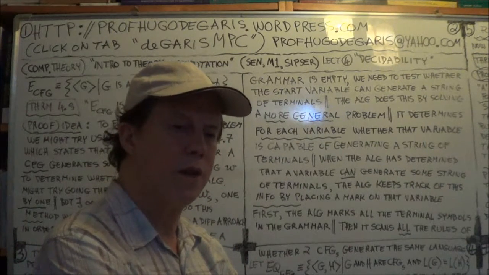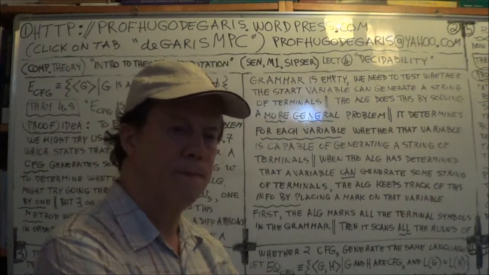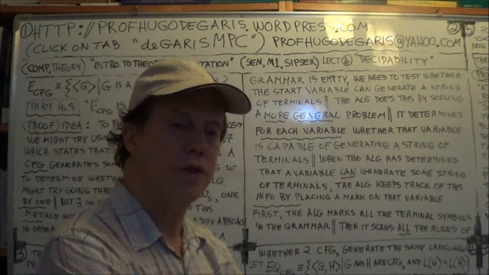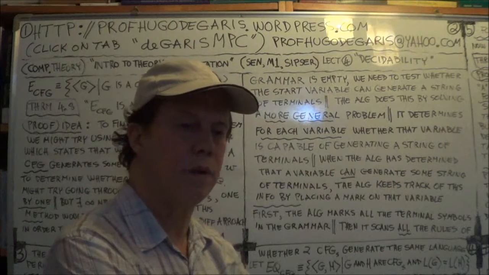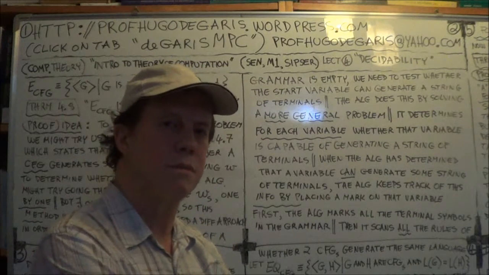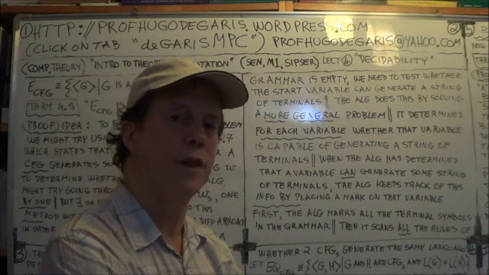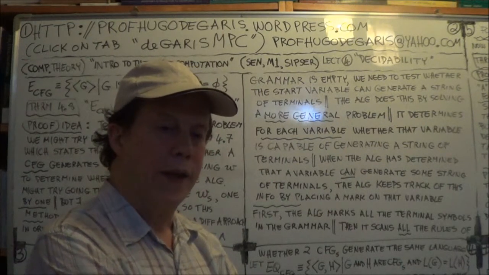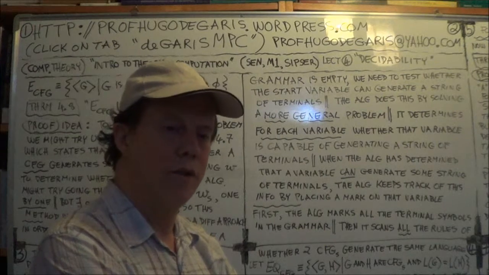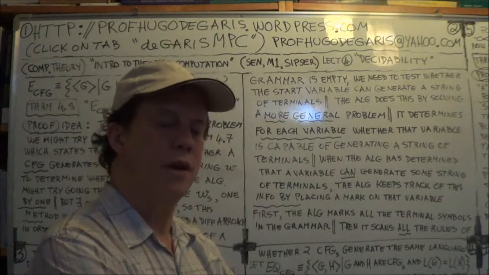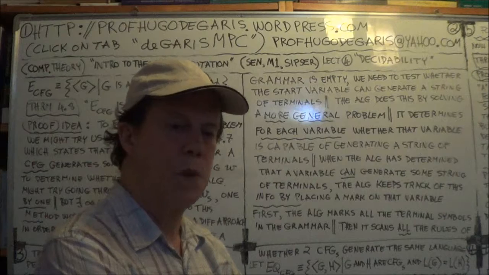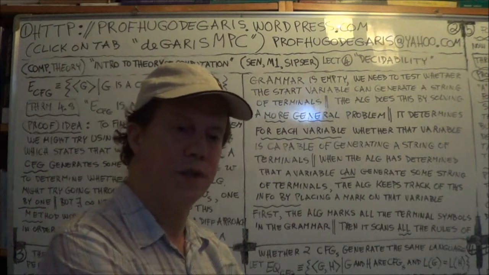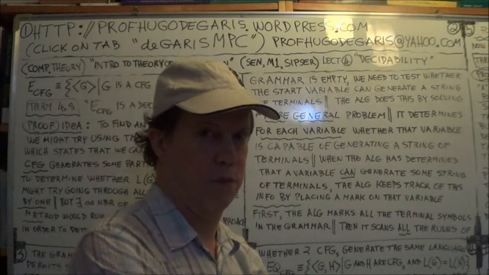You may end up with a current string that is not a string of terminals, right? There'll always be variables in it, I guess. Yeah, have to be, right? So there are always variables in it. So it could be that you have a grammar, given the rules that you have, that you just never end up with a string that contains only terminals, right?